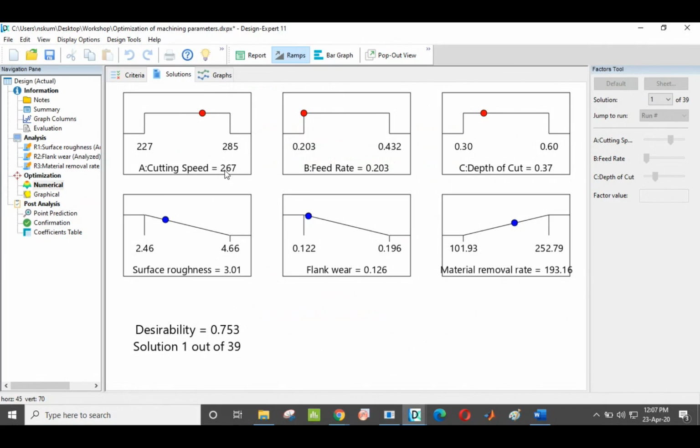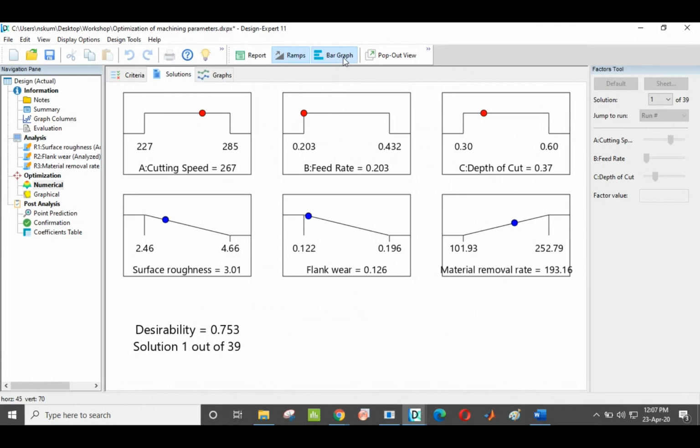So the surface roughness is 3.01, the flank wear is 0.126, and the metal removal rate is 193, which are all predicted values. These predicted values are based on the equations developed during the analysis. For the cutting speed of 267, 0.203 and 0.37, when we give these as input to that equation, the output is predicted by the actual coded equation.